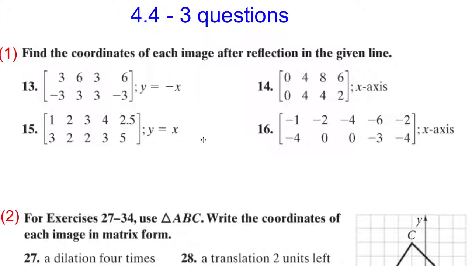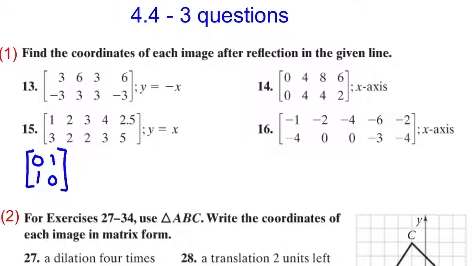Let's do number 15. So then the y equals x matrix is going to be 0, 1, 1, 0.